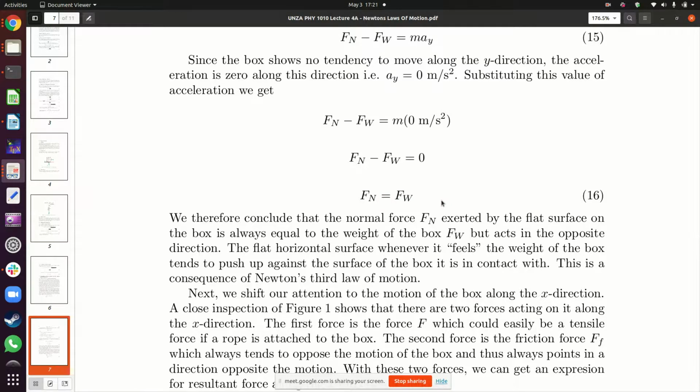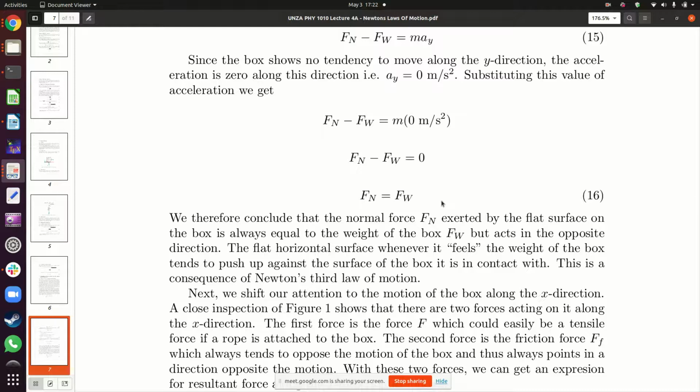So what this tells you is that whenever you have an object of mass m lying on a flat surface, this flat surface can either be a floor or it can be a table.